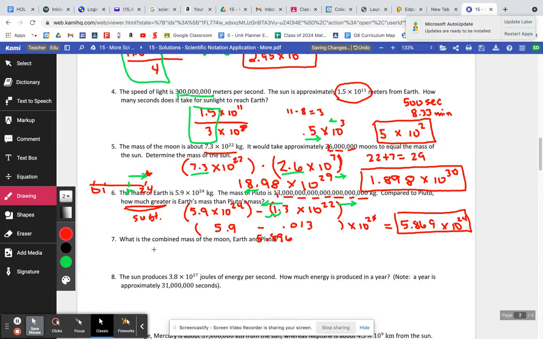Okay, number 7. What is the combined mass of the Moon, Earth, and Pluto? Okay, the Moon is up there at 7.3 times 10 to the 22. We want to add that to the Earth, which is right here, 5.9 times 10 to the 24.